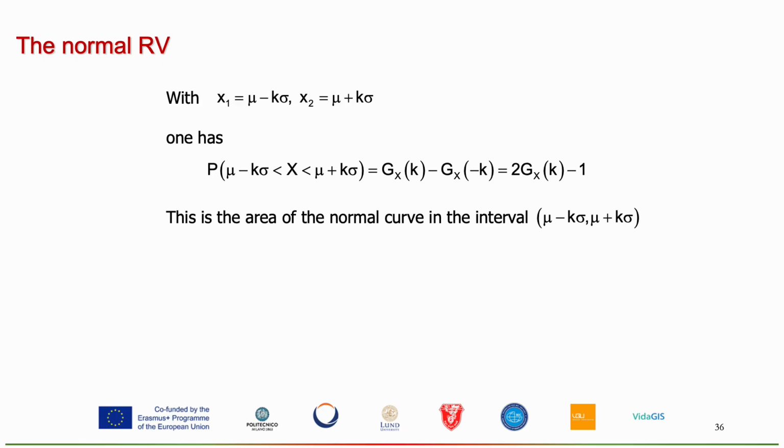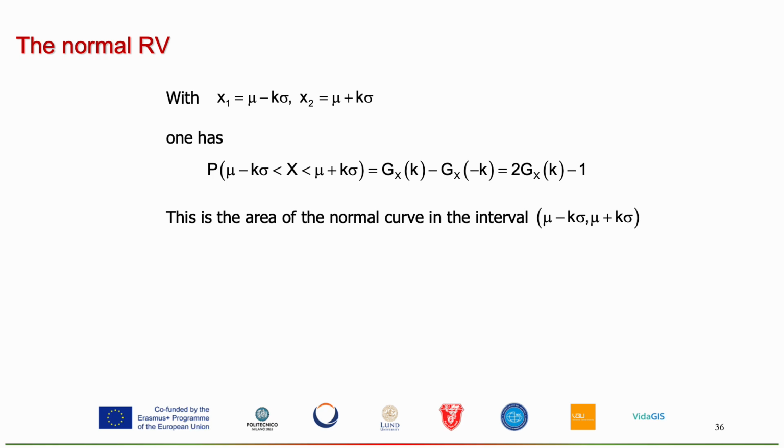So now let's assume that x1 is equal to mu minus k sigma and x2 is equal to mu plus k sigma. So we are asking what is the probability that x is in an interval that is centered on mu.